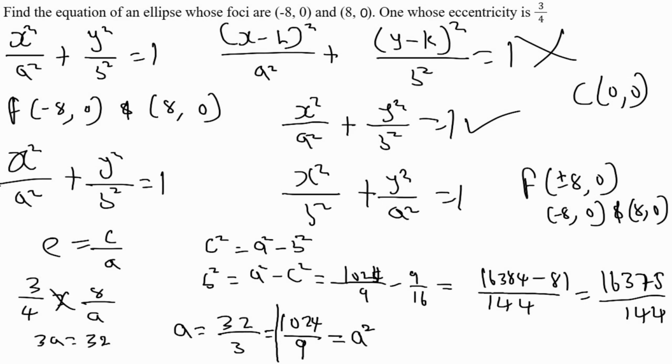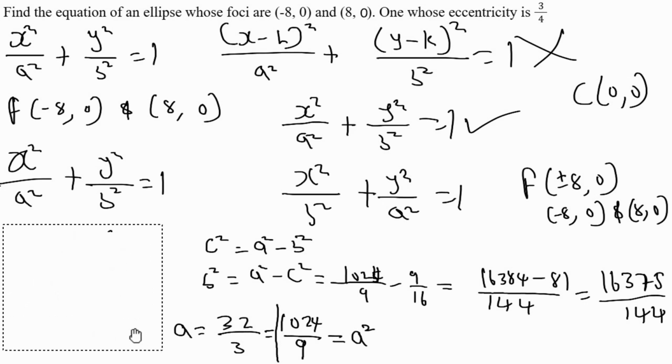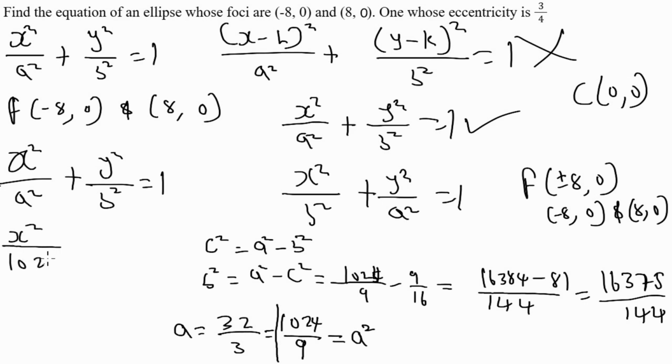We don't need to take the square root because we are just going to plug it right into the equation. So the final answer to that equation becomes x squared divided by A squared, which is 1024 divided by 9, plus y squared divided by B squared, which is 16,375 divided by 144, equals 1.